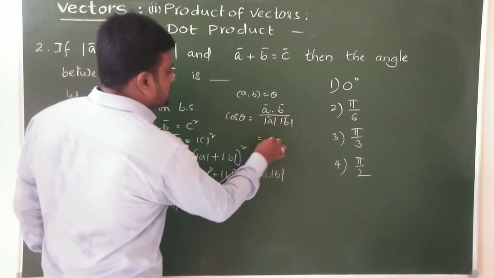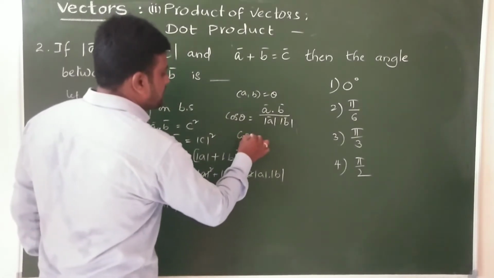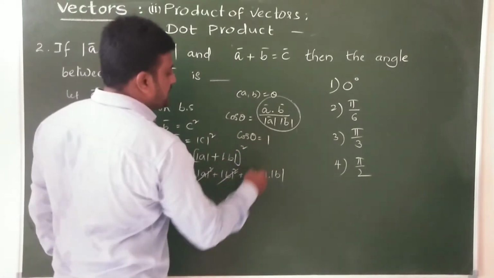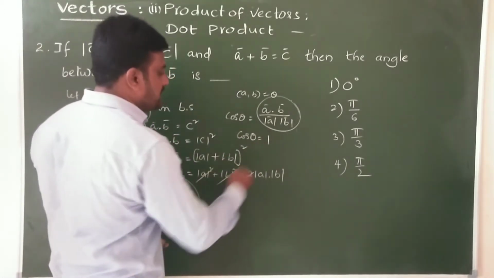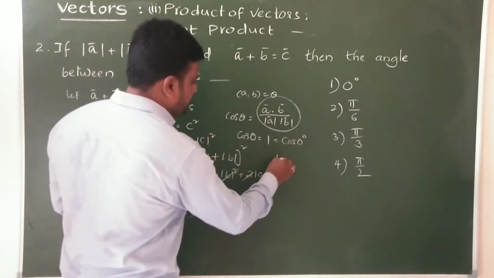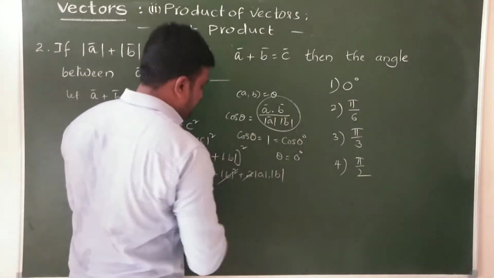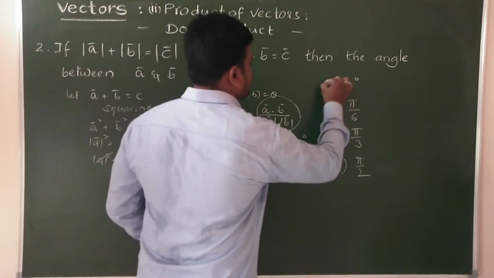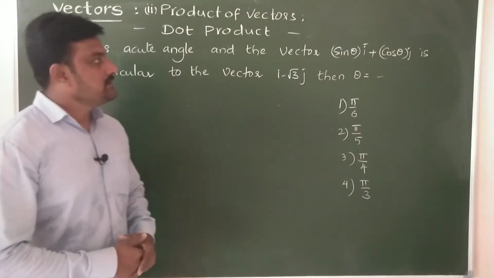Then cos theta equals 1, then theta equals cos inverse of 1, that is 0 degrees. Then theta equals 0 degrees. Which option? The first option, 0 degrees.